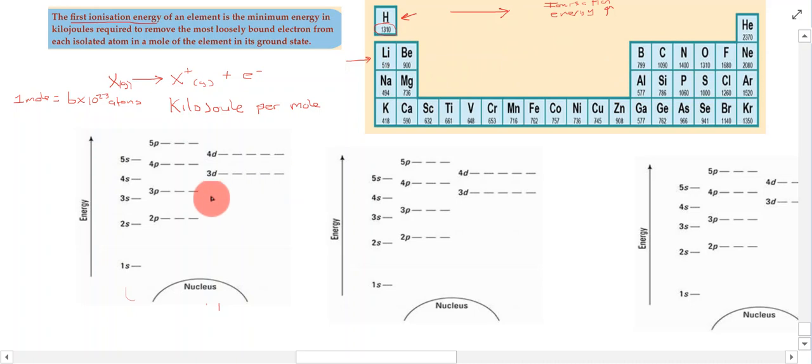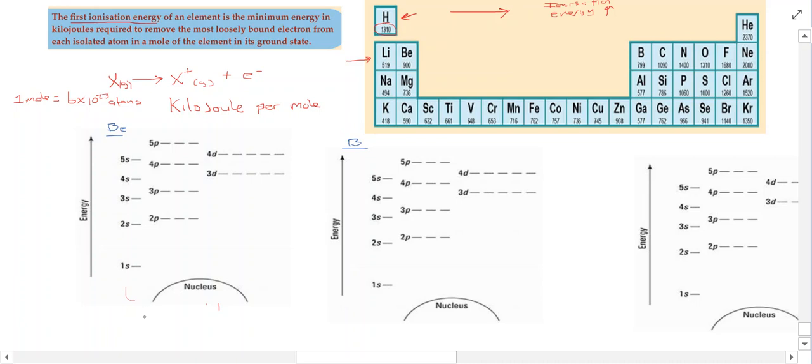So I want to look at these two here. So imagine, this here is beryllium, and then this is boron here.